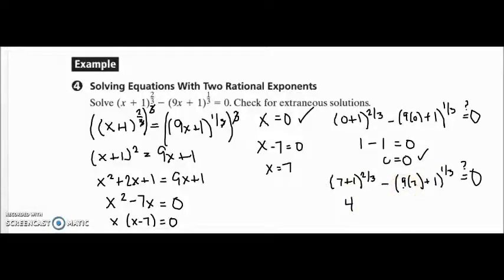On this one, 9 times 7 is 63. 63 plus 1 is 64. Well, what's the cube root of 64? 4 times 4 is 16, times 4 is 64. So 4 minus 4, 0 equals 0. Both of these are solutions.